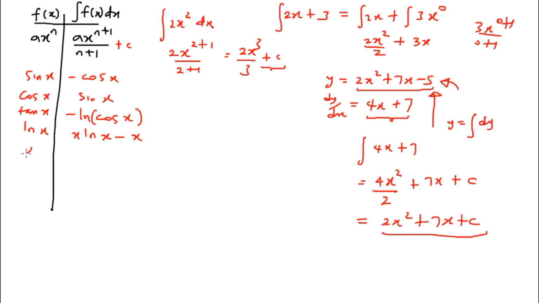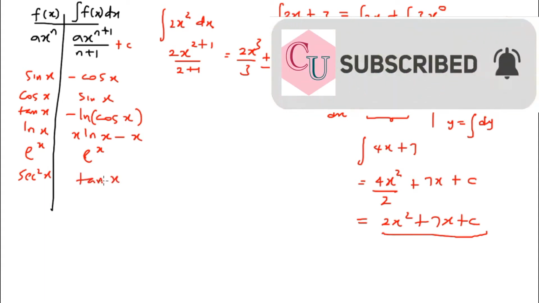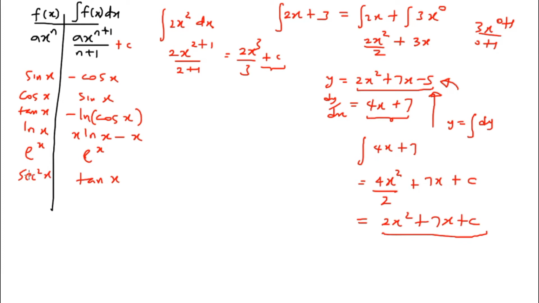Also, the integral of exponential x is exponential x. We can also have functions such as sec squared x. The integral of sec squared x is tan x, and the reason is because if I differentiate tan x, I will have sec squared x. If I differentiate all these functions on the right-hand side, I will have the left-hand side.